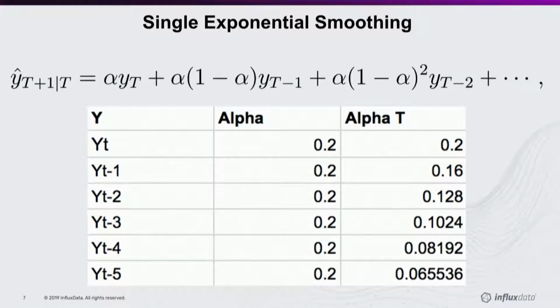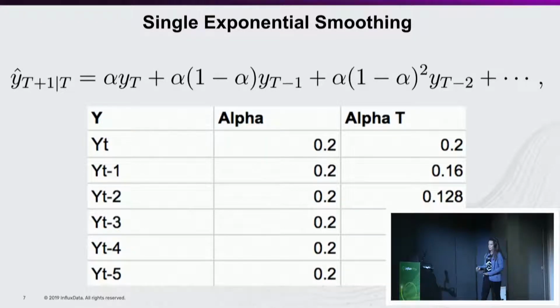Single exponential smoothing agrees with the naive method in that we should look at our historical data to make a forecast, right? That's what forecasting is. But it goes one step further and says, let's take an exponentially weighted average of all of our past points and use that as our forecast. The way this exponential mean is created is through alpha, which is known as a smoothing parameter.